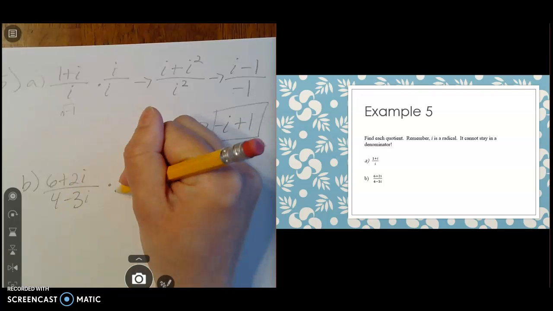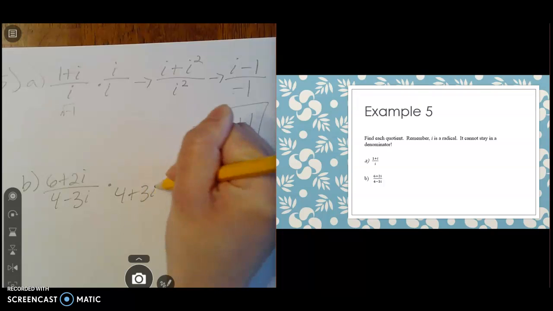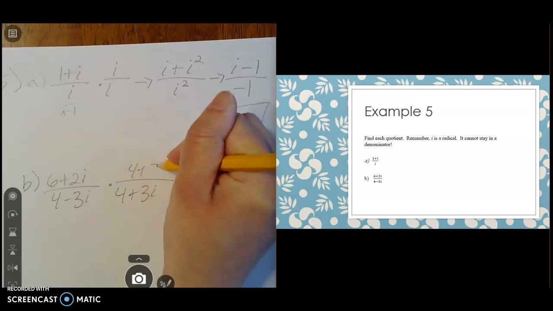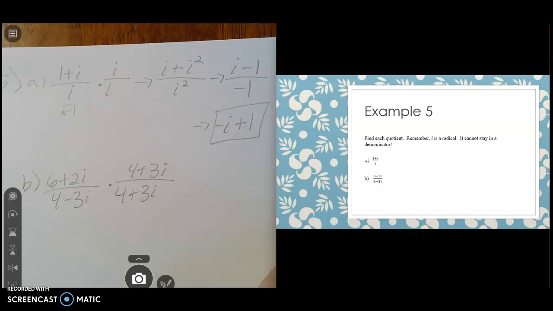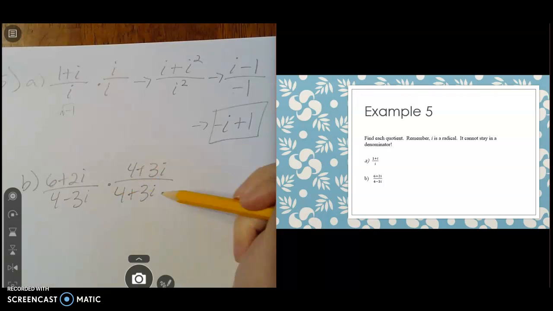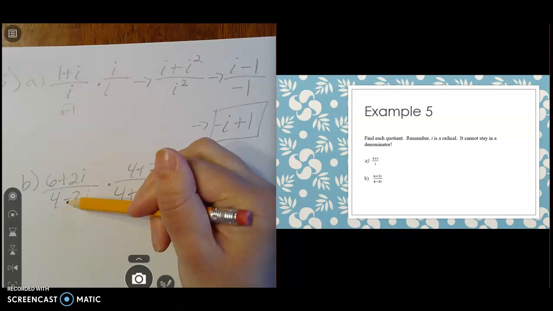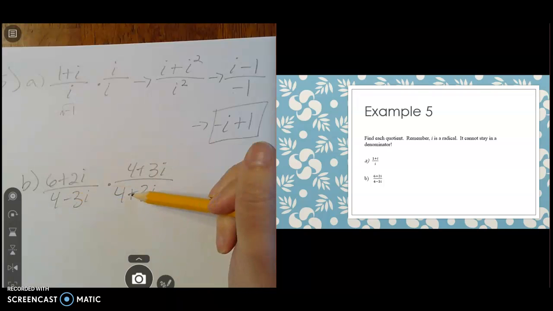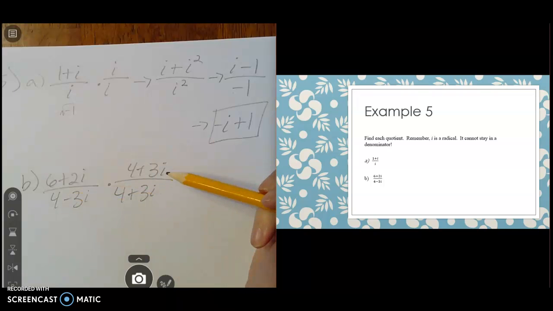Because when you multiply by that conjugate, your middle terms cancel out, and you have a perfect square minus perfect square, which takes care of your square roots. And remember, whatever you multiply by in the denominator, you need to multiply by the same thing in the numerator. So the conjugate of 4 minus 3i is 4 plus 3i, and that's what we're multiplying by in the numerator and denominator.